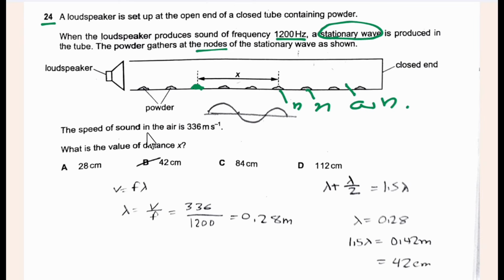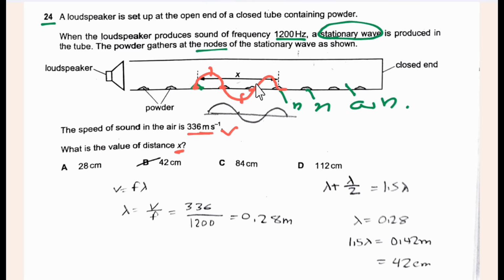Now the speed of sound in air is given, that is v. We need to find the value of x. So what is x? We can see that these points are nodes. From one node to the next node, in the middle there is the antinode, then from that node to another node, then to another node.